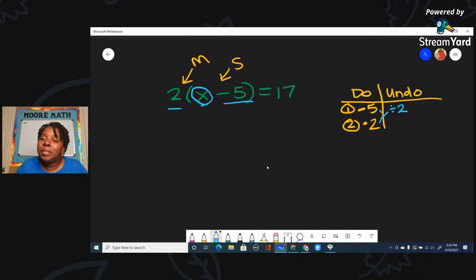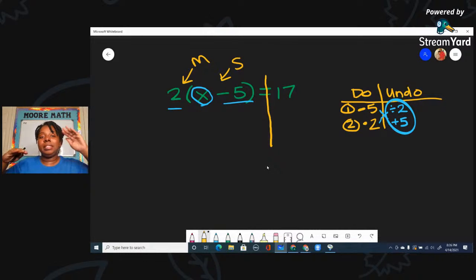And what is the opposite of minus 5? Plus 5. Okay? And these are your 2 steps to solving this two-step equation. So we're going to split our equation in half so we can see the left side and the right side. We want to make sure they are equal and balanced.